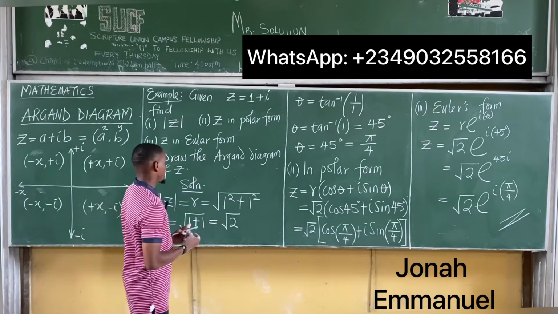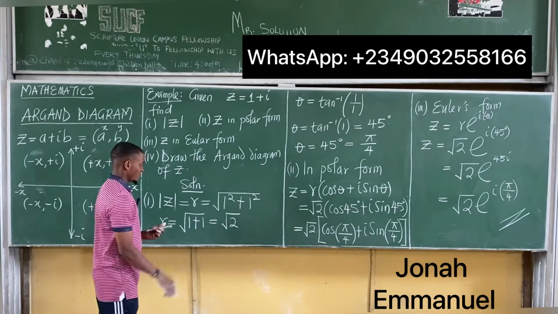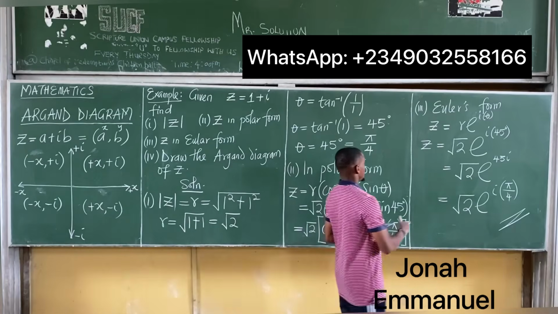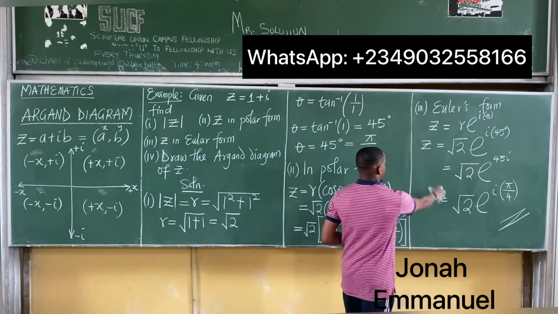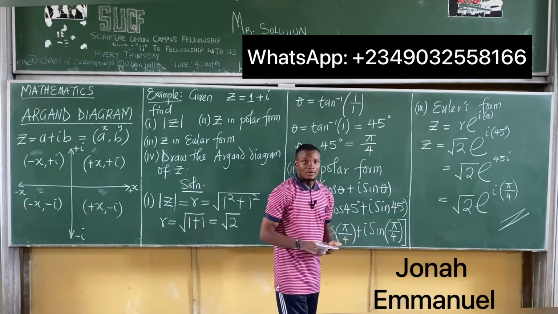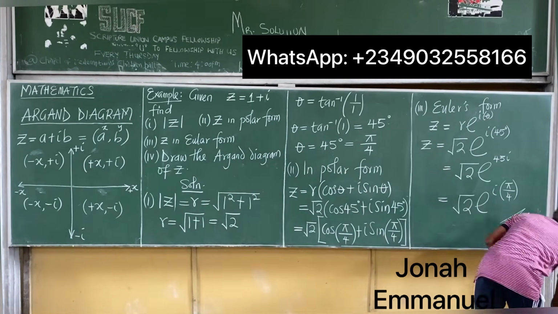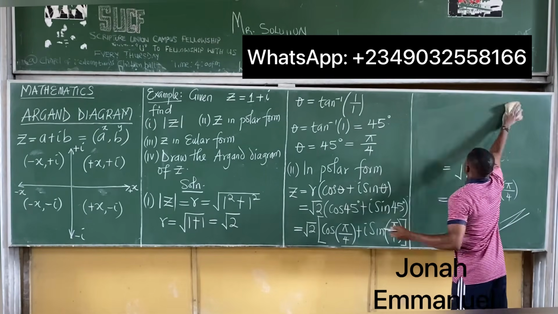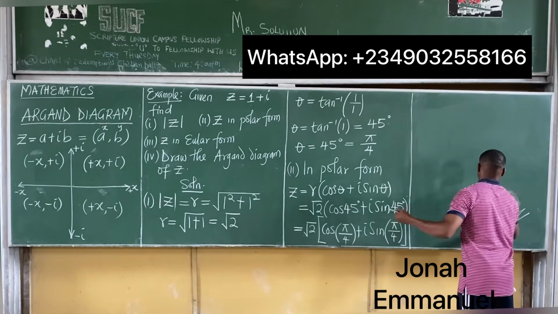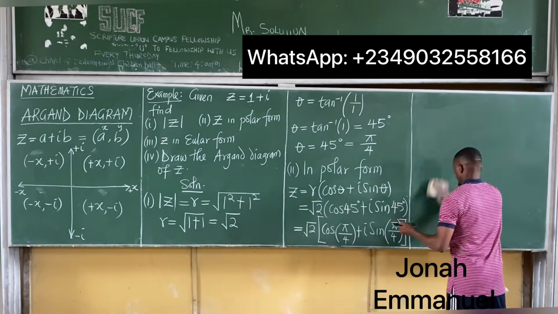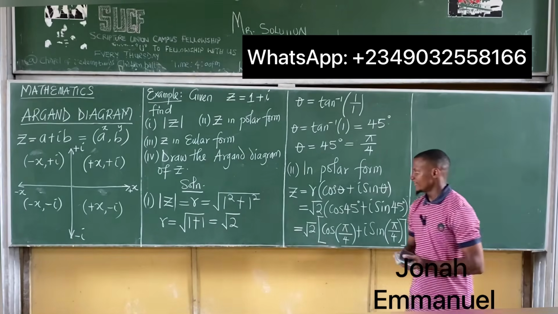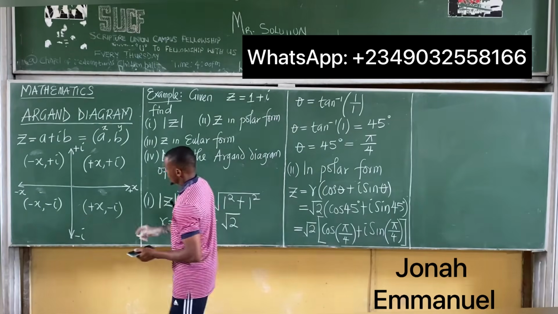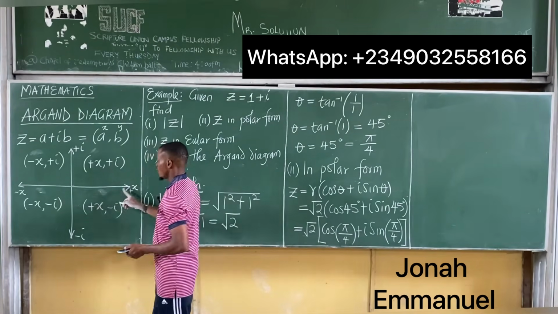One last one, we are asked to draw the Argand diagram. I'll simply take this off and draw the Argand diagram here. If I look at this question, this is positive, this is positive, so I'm using quadrant 1 of the Argand diagram.